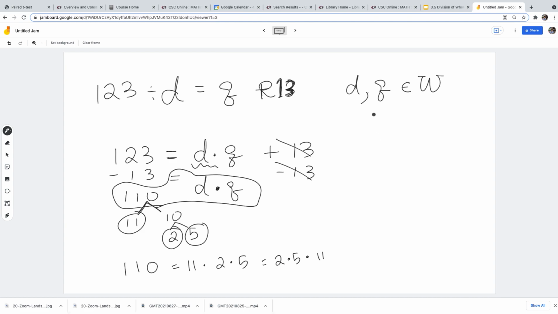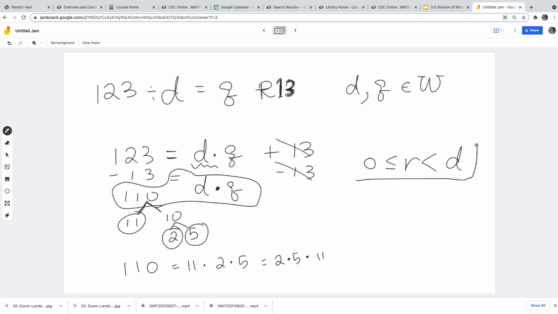Okay, now we know the relationship between the divisor and the remainder. What did we say about the divisor and the remainder? The remainder cannot be bigger than the divisor. It has to be less than the divisor. And the remainder can be 0 but has to be greater than or equal to 0. Right?